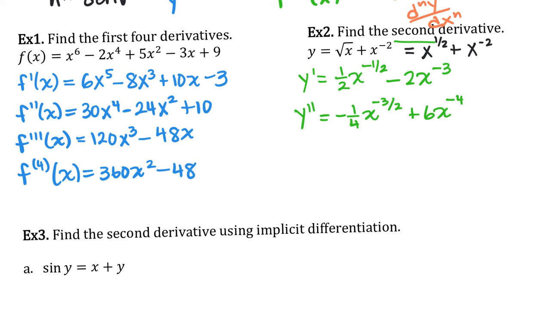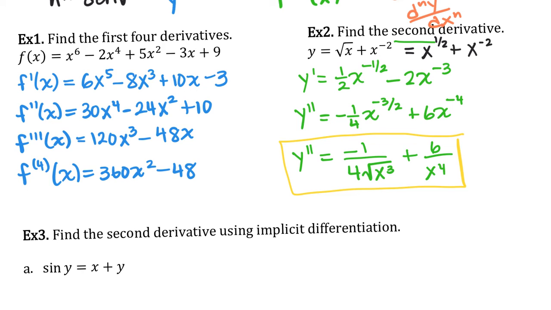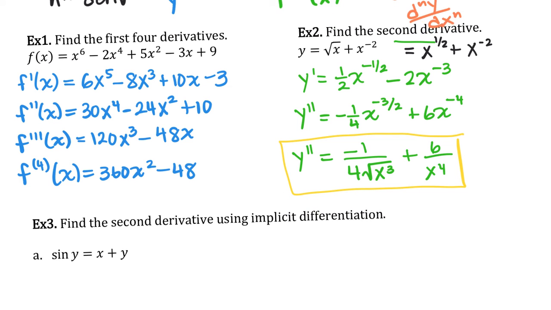Okay, I want the second derivative. Now I am going to rewrite it, and I want to leave it like this. Negative 1 over 4 times the square root of x cubed, plus 6 over x to the fourth. Okay, and that's a decent answer. Okay, let's go ahead and do one more example, but we're going to have to use implicit differentiation.